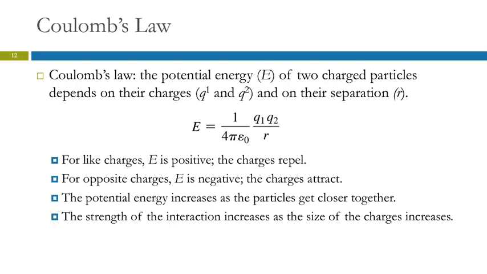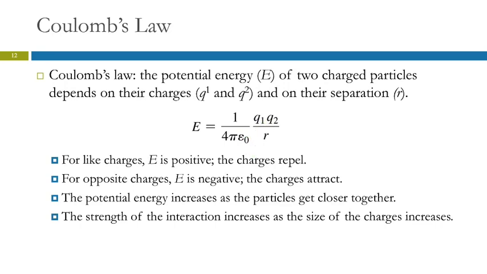We're not going to do calculations with Coulomb's law, but it's important to understand it in concept, because it describes the interaction between charged particles. The potential energy depends on the charges and the separation.